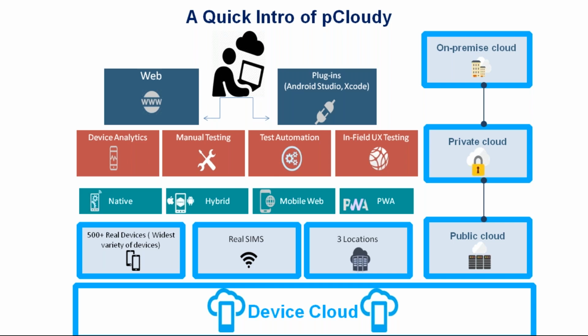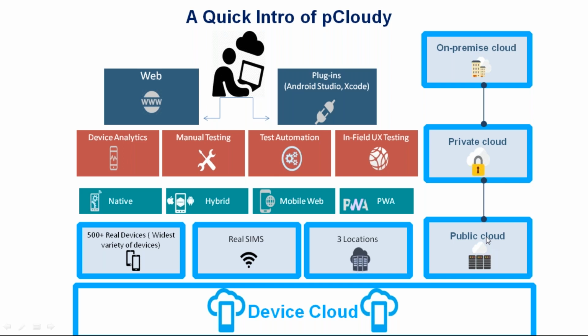But they might have certain vendors outside who are doing their testing, or their test engineering teams are sitting outside their premises. For such clients, we set up a cloud. We come up with our own infrastructure there, and we set up that device cloud within their premises behind their firewall, to which the clients can plug in the devices which they have already invested in, and create a mobile cloud like pCloudy, which can be accessed remotely by their test engineers.